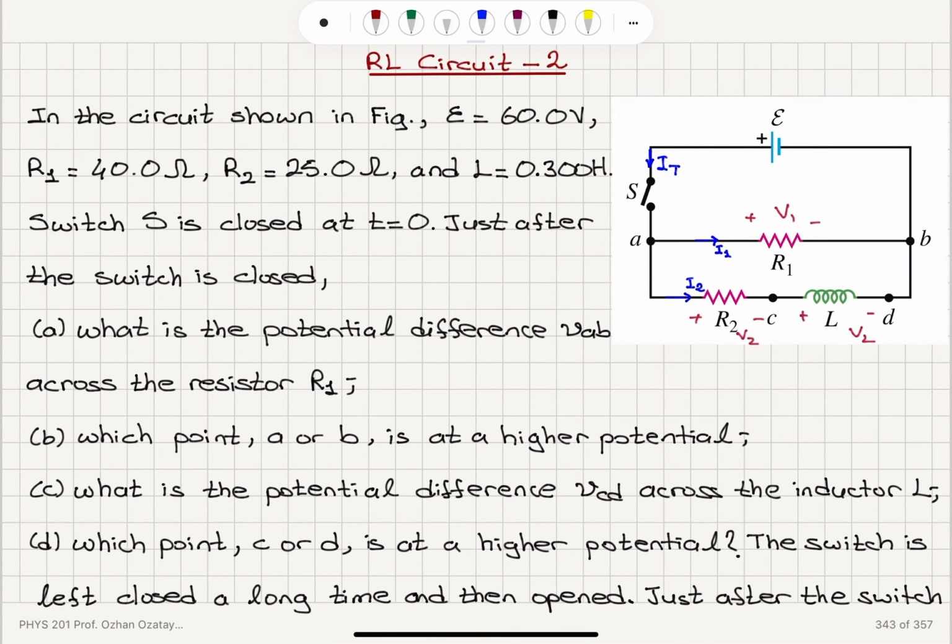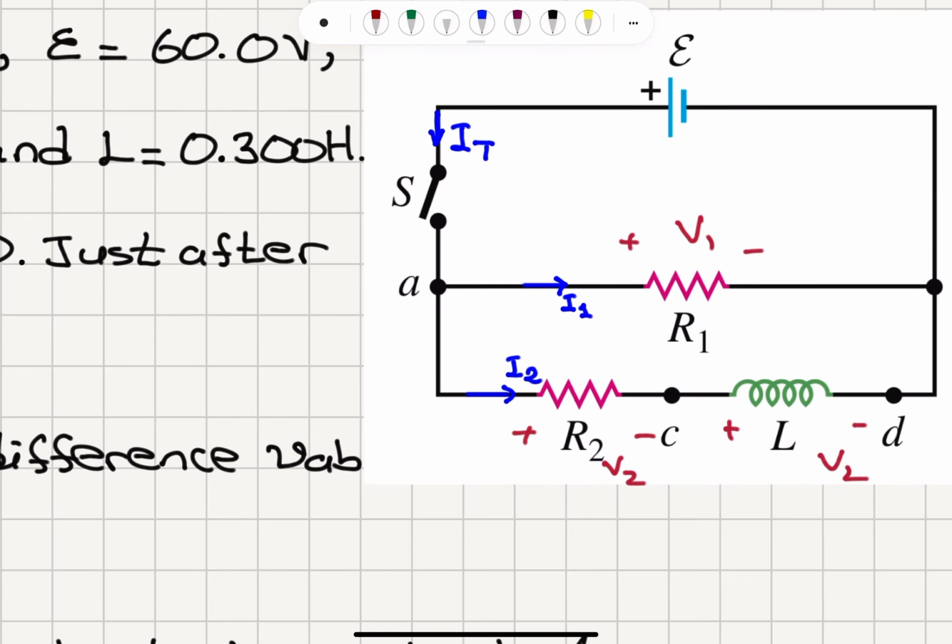Part B: which point, A or B, is at a higher potential? Well, the voltage drop across R1 is in the direction of the current flow, so I1 must be flowing in this direction from A to B. That's the direction of the current. There is no current flowing through this branch at t equals 0 plus.